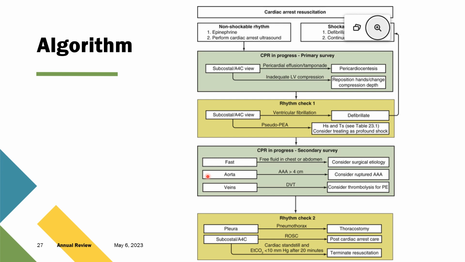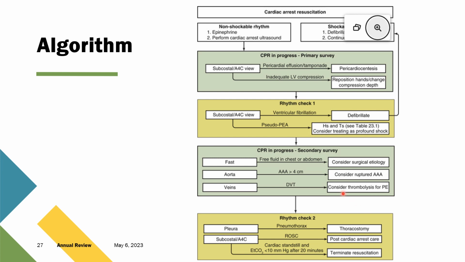And then if you're identifying congestion in the lungs, congestion in the heart, then it might be time to take a quick evaluation of those major veins, including the common femoral, the superficial femoral, and the popliteal, evaluating for a DVT, which would support your differential diagnosis of a pulmonary embolism.